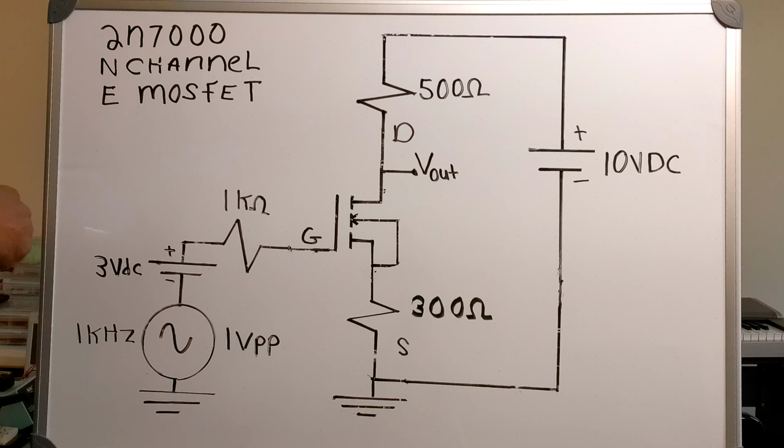The gain equals the 500 ohm resistor over 300 ohms.